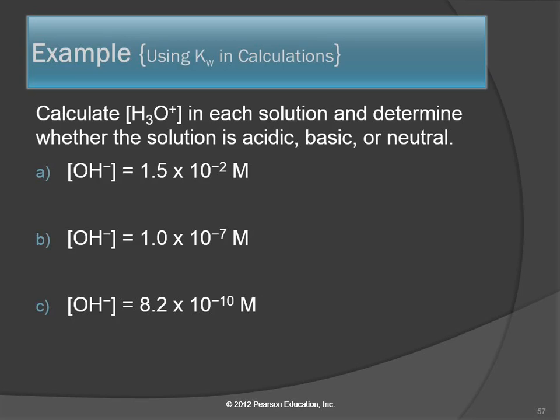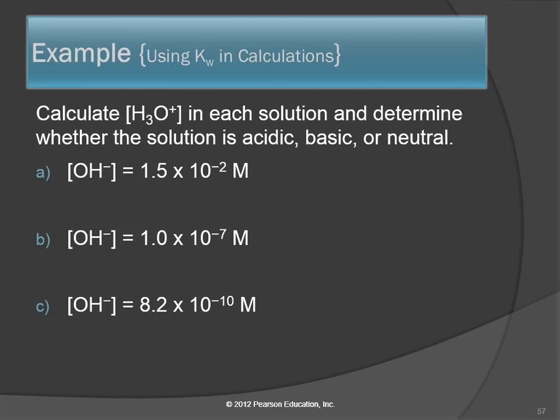So here they're asking us to calculate the hydronium ion concentration in each solution and then identify, is this acidic, basic, or neutral? So they're giving us a hydroxide ion concentration, and they're saying, what's the hydronium ion concentration?